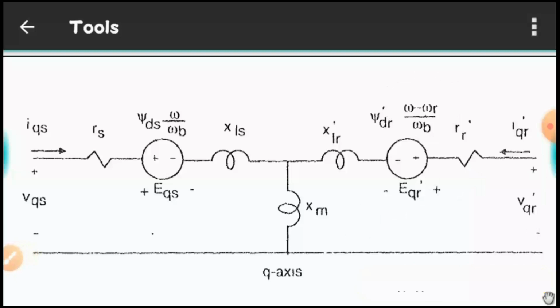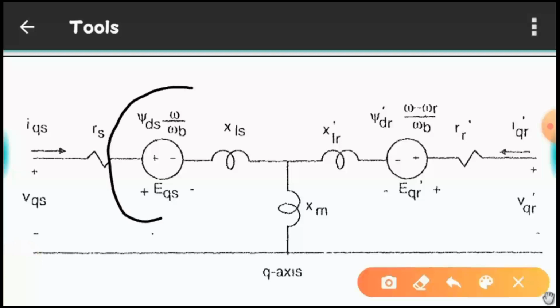Now here see, this is another interesting thing: this is the corresponding EMF that is in our q axis, and this psi_ds omega over omega_b is our E_QS, right?